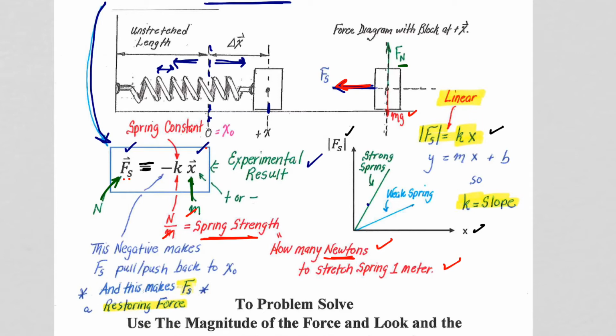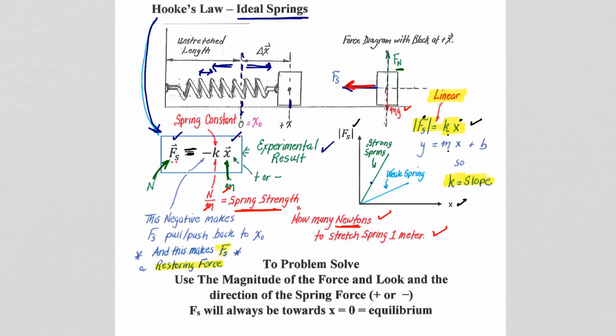So force is the y-axis, x, of course, is the x-axis, and k is the spring constant, which is going to be our slope. So the steeper this linear function is, the stronger the spring, and the shallower the slope, the weaker the spring. So k equals the slope.